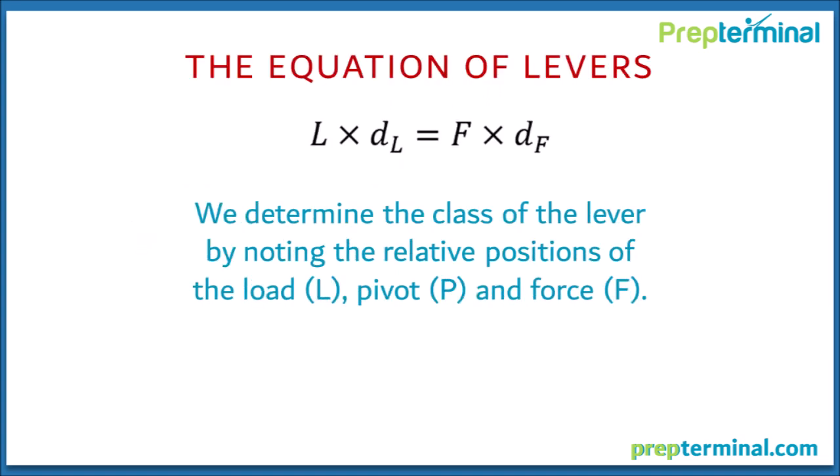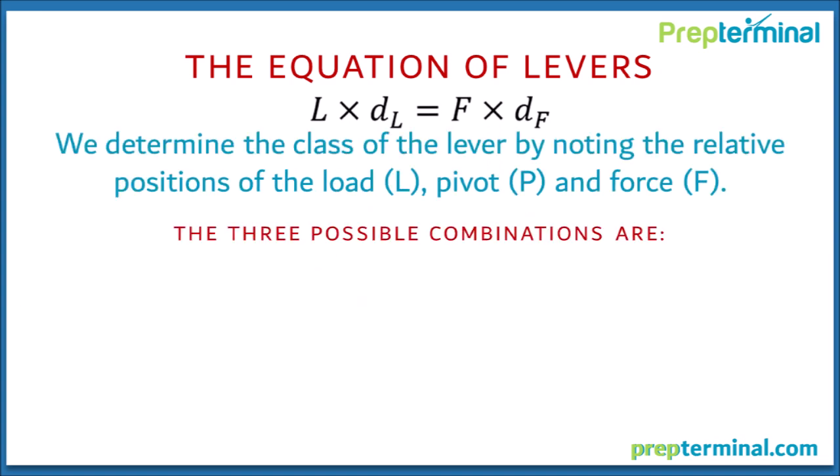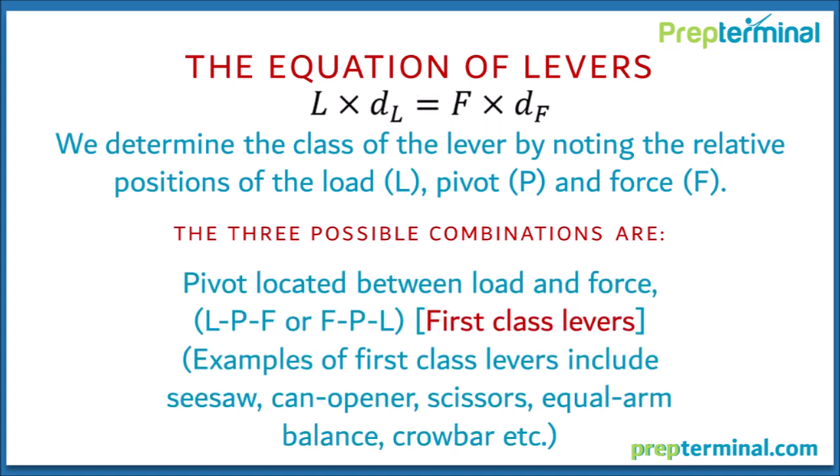We determine the class of the lever by noting the relative positions of the load, L, pivot, P, and force, F. The three possible combinations are: the pivot is located between the load and the force, LPF or FPL.